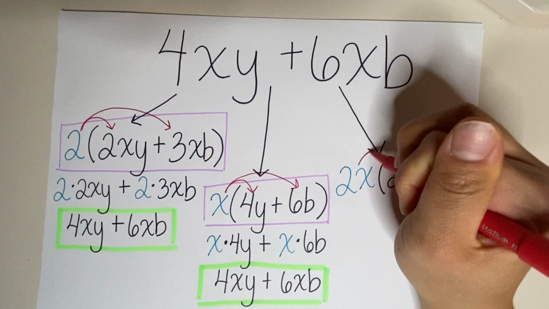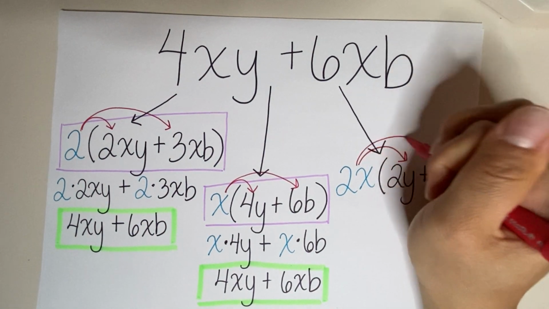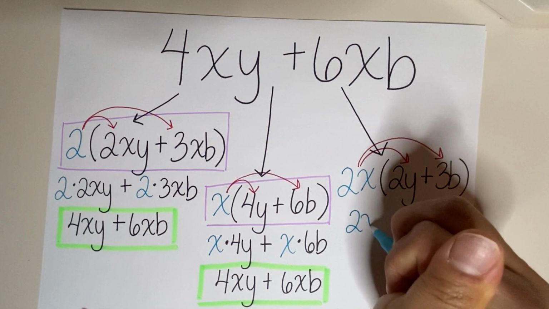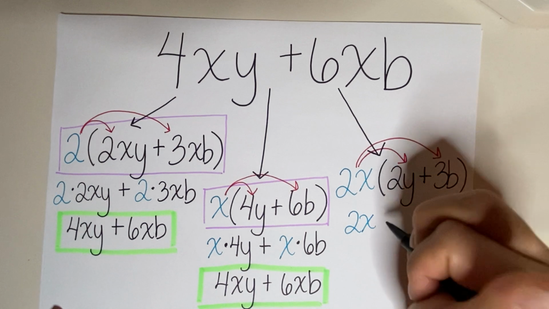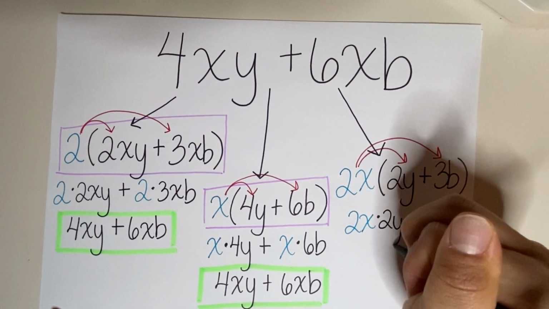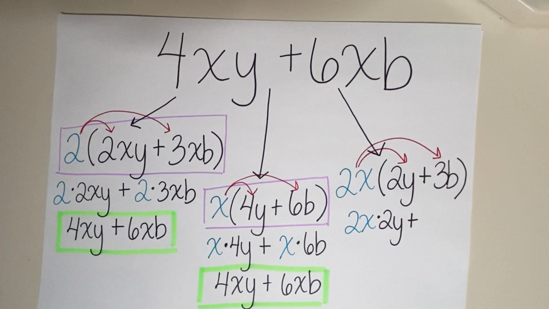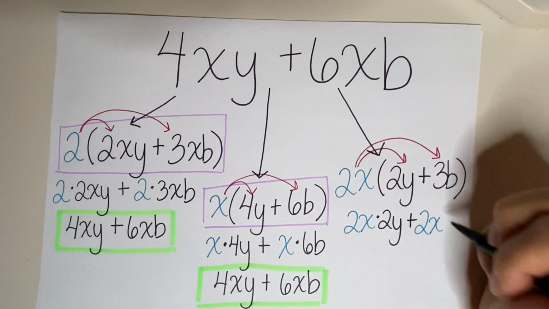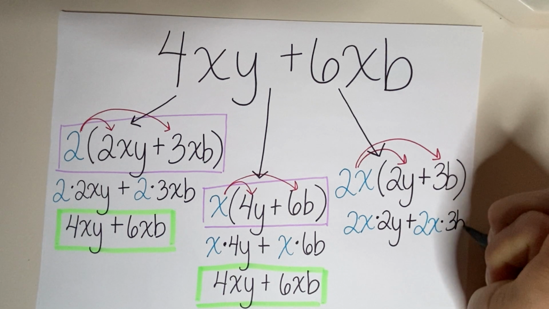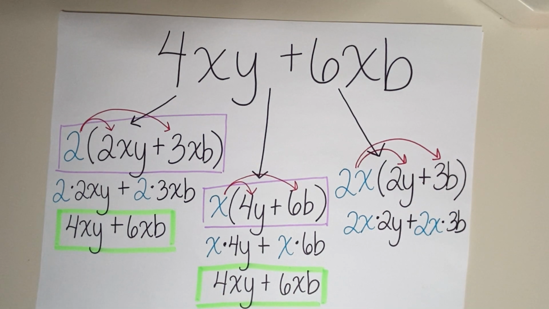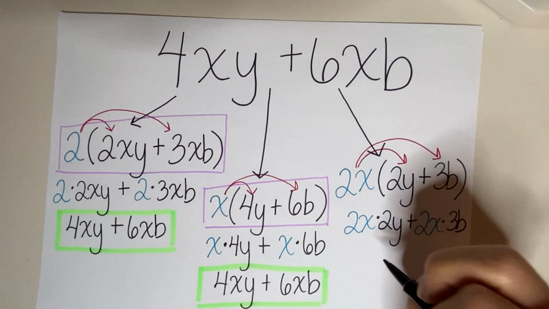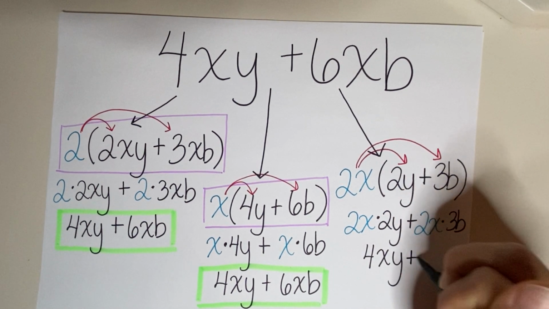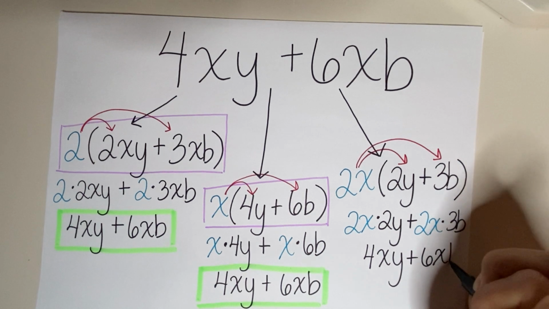So I need to multiply this to here, this to here. 2x times 2y plus 2x times 3b, right? That'll leave me with 2x times 2y gets me 4xy plus 6xb.